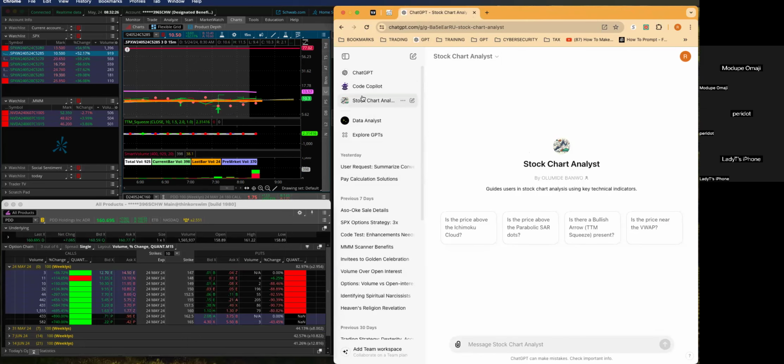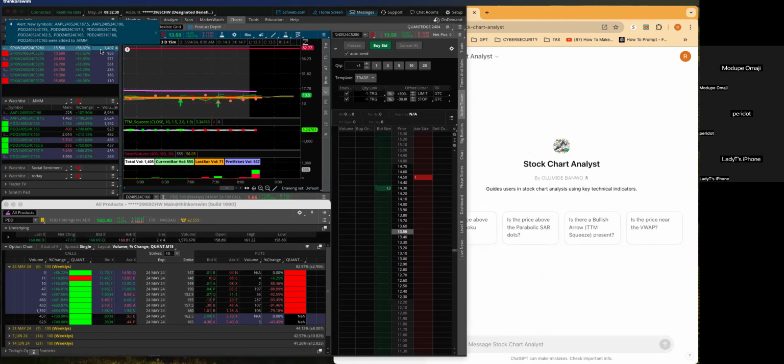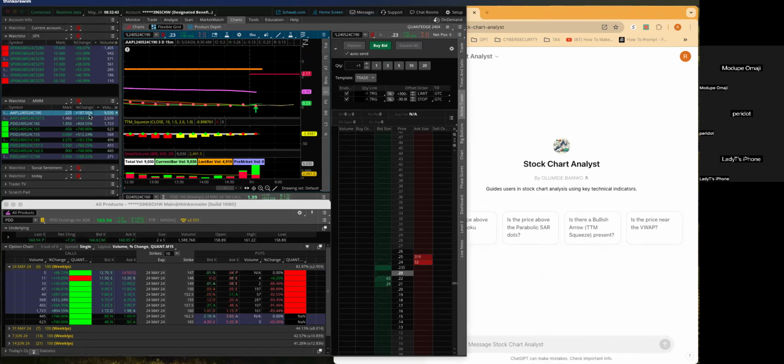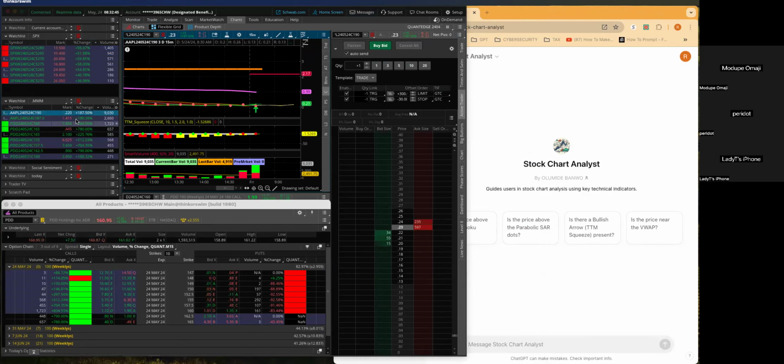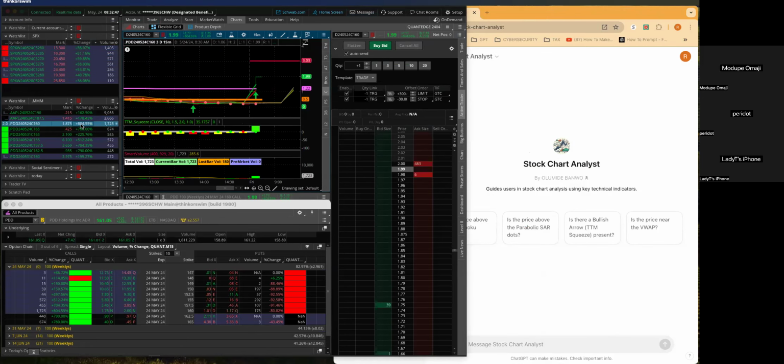When you go to ChatGPT, you go to the store, where it says Explore GPT, and you click Explore GPT. I'm trying to see what is happening today with the market. So let's look at Apple, for example.